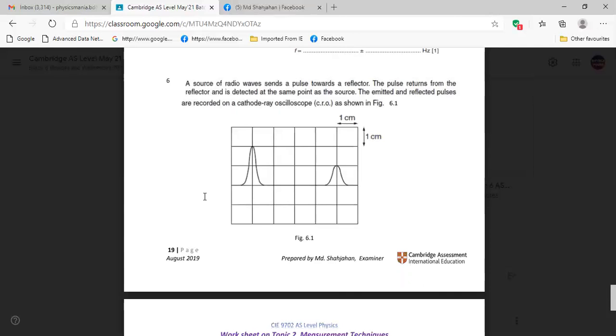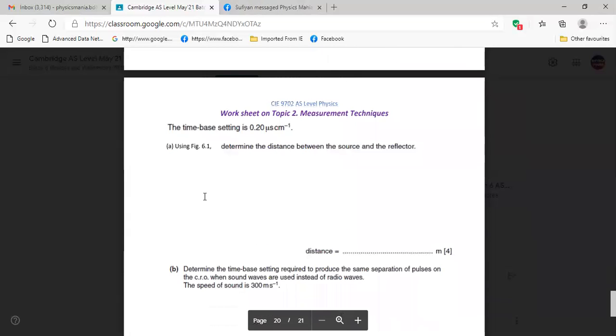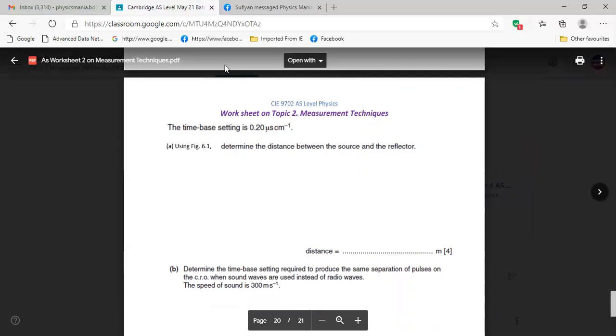And they are asking you to determine the distance between the source and the reflector. So if the distance between the reflector and the source is d, then from the echo formula we can write v equals 2d by t, right?